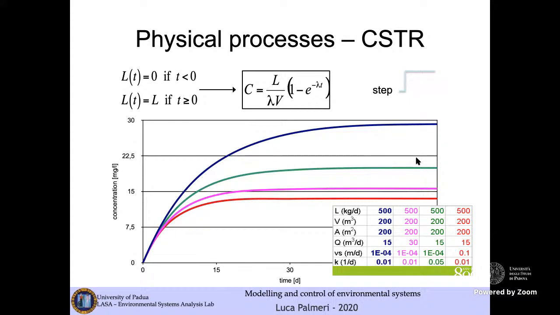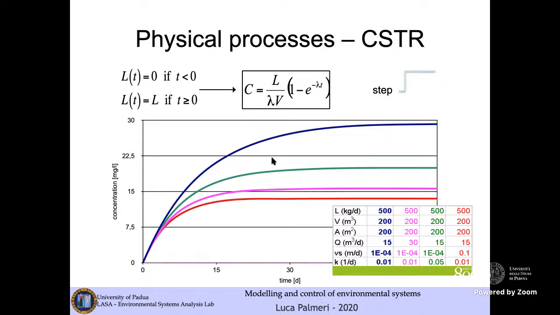Then the stream goes into a steady state condition in which you end up with constant concentrations in time, after an initial transient in which you have an increase in concentrations.